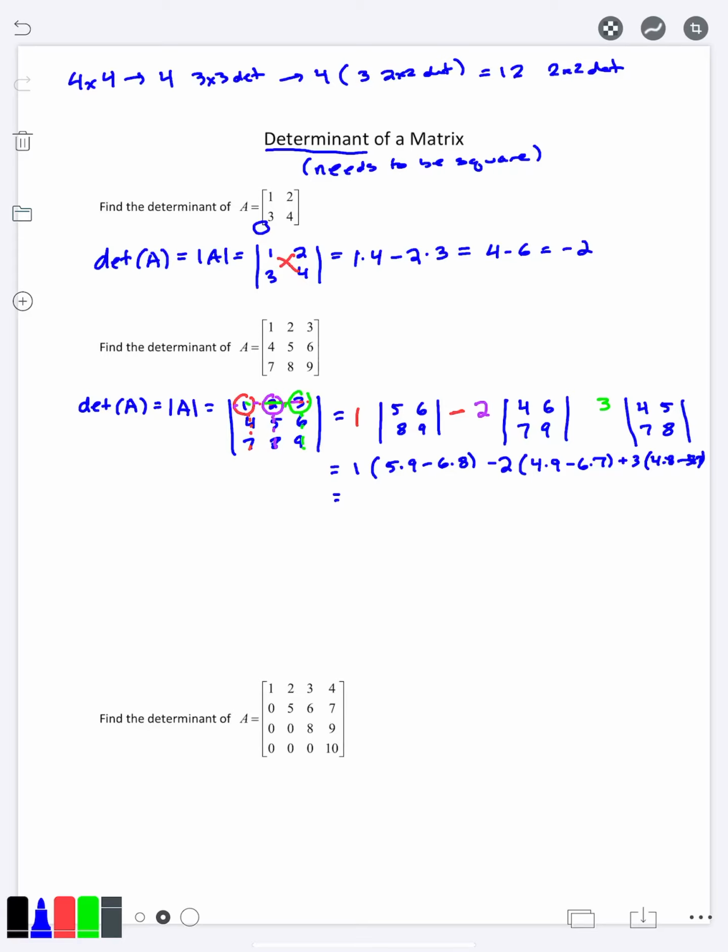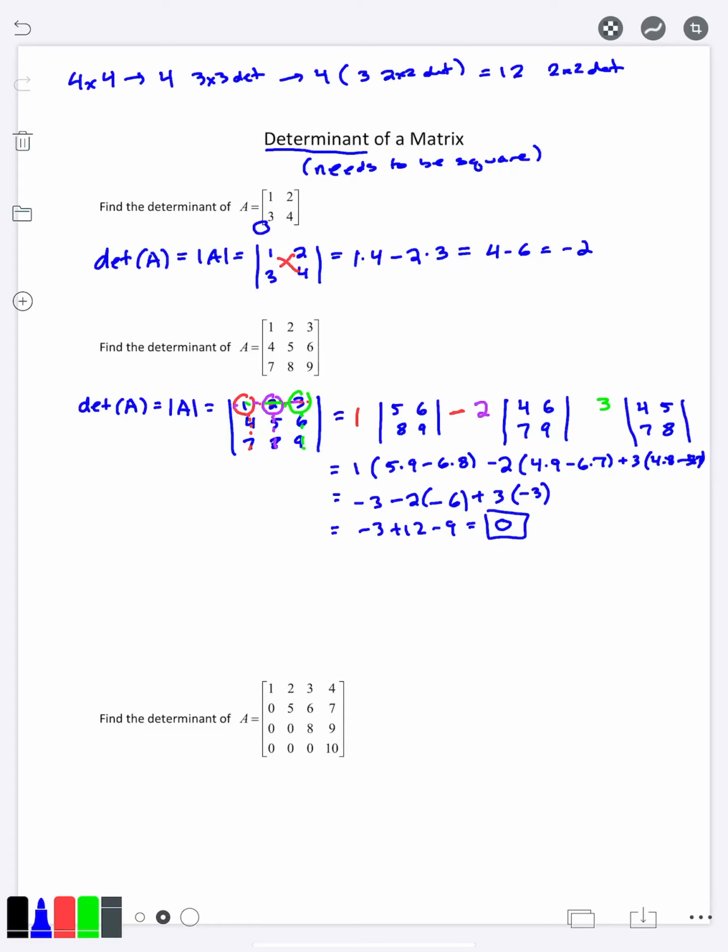And that's going to be 45 minus 48, which is negative 3, minus 2 times negative 6, and then plus 3 times negative 3. So we get negative 3 plus 12 minus 9, and the answer to this one is 0. Now there is actually an importance to that being 0, and I will mention that shortly, but I wanted to show you the second way to find a determinant first.